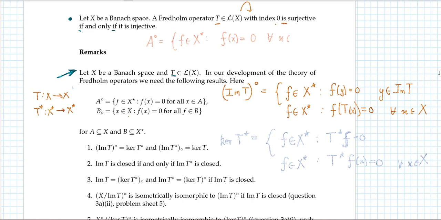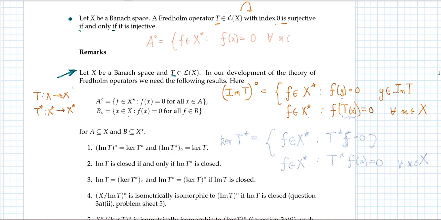Now I see that these are precisely those f that belong to X star, and I just write instead of y, T(x), for all x belonging to capital X. That's why I get this, because y is in the image of T. And when I write the definition of the kernel of T star, I define the kernel of T star as all of those f in X star such that T star f equals 0.